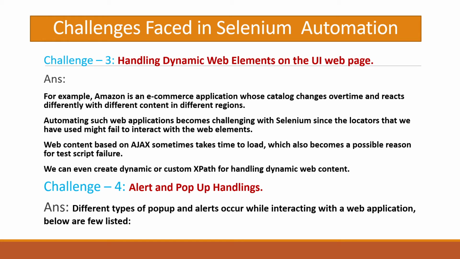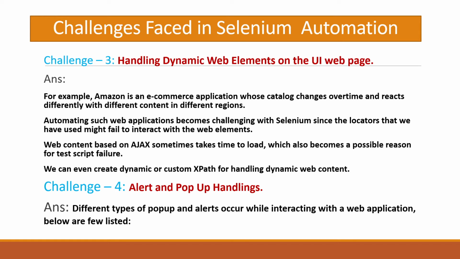The first ones are the starts-with function, the ends-with function, and contains, and also we can have following-sibling, preceding, child, and ancestor. With the help of all these functions, we can easily handle this dynamic web element challenge, and handle CSS selectors where the elements are not constant.